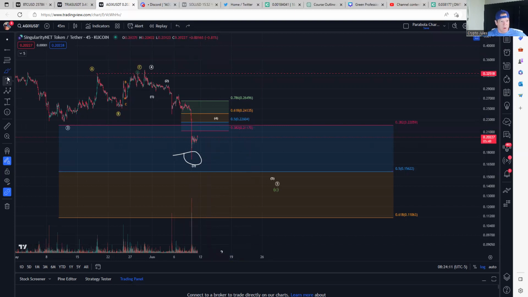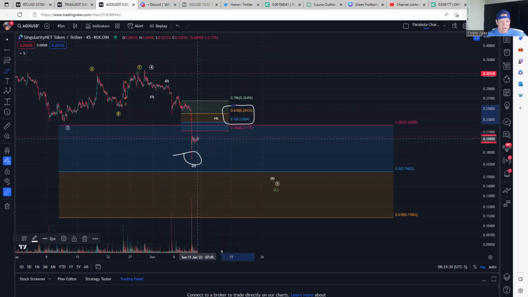But if we were indeed going to invalidate this and say the bottom is in, I would really want to see a sustained break of price above this level here, above the 50% to 61.8% retracement level, which is 22 to 25 cents or so.